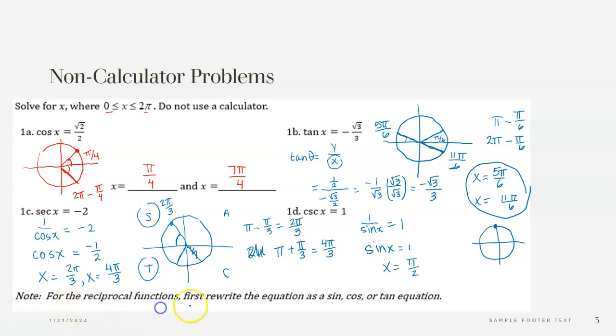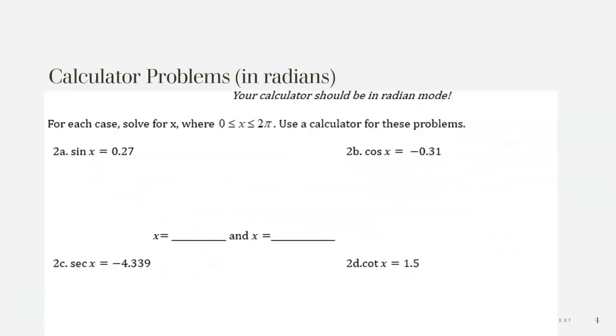So notice this note down here. For the reciprocal functions, first rewrite the equation as sine, cosine, or tangent. That's what I was doing when I was doing that. If you're on a calculator, you have an option. The way we blow up the sine house on the calculator is we do sine inverse to get the opposite of sine.